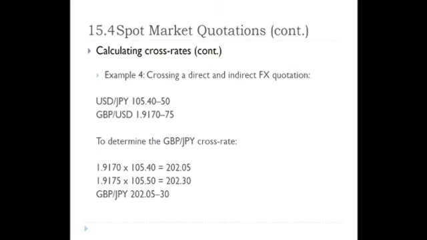Okay. What if you have a common base and terms currency? Well, the fastest way to get your answer is through multiplication. So the fastest way will be to multiply the values one against the other.